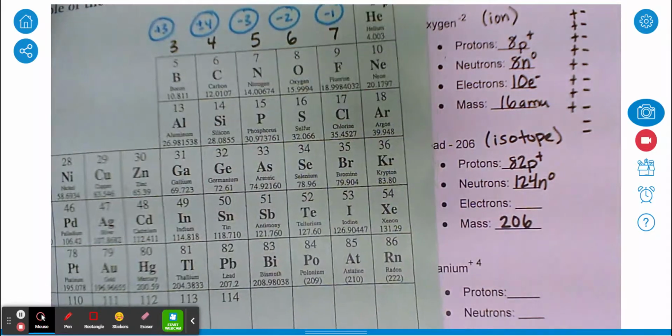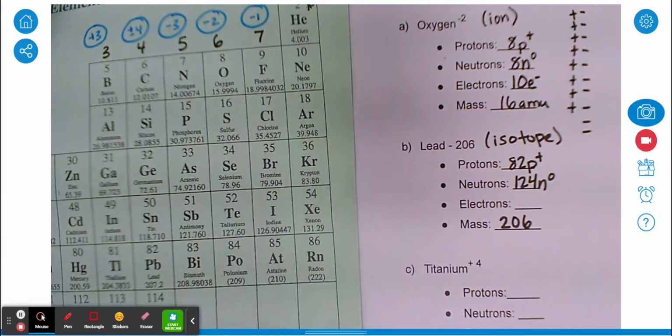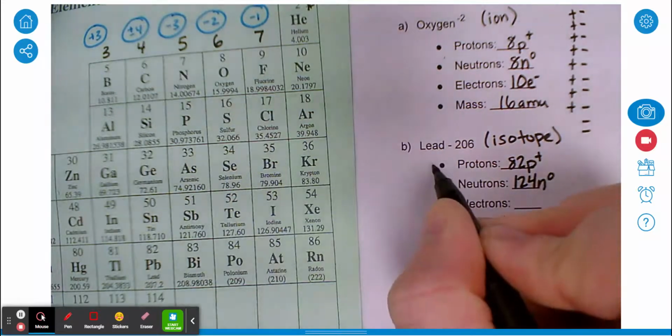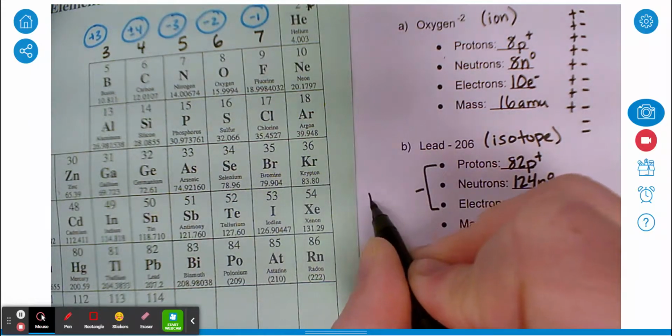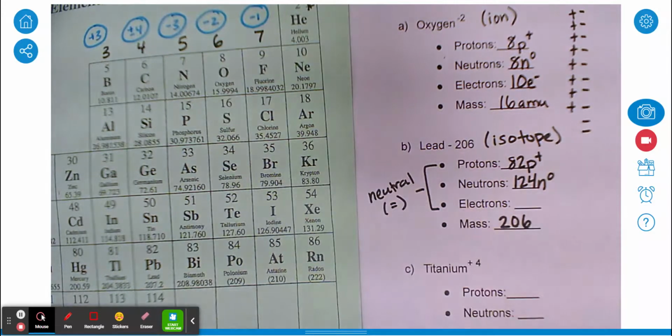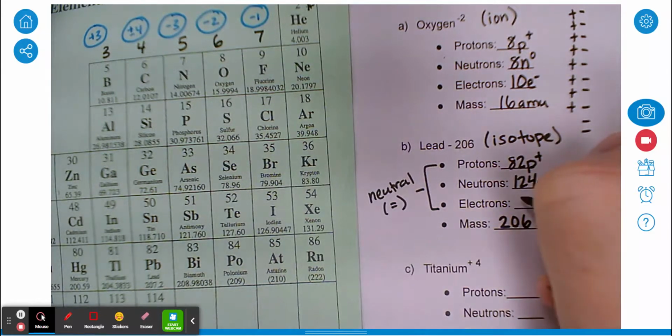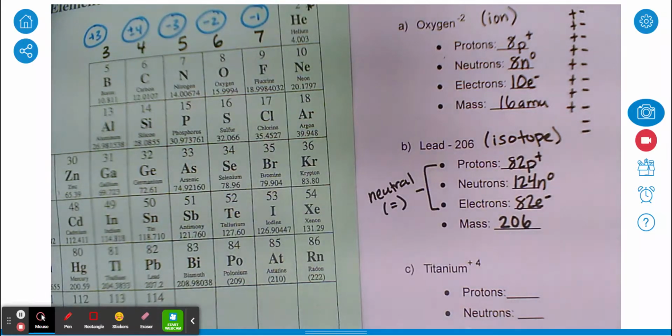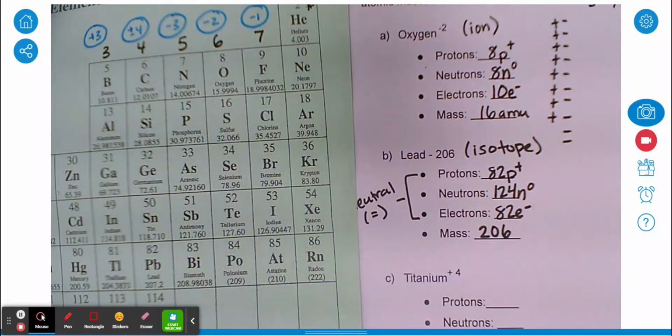Now, there was an instruction, assume all isotopes are neutral. So my positives in a neutral atom equal my negatives. So if I have 82 protons, I must also have 82 electrons. But this is how this page is to be done.